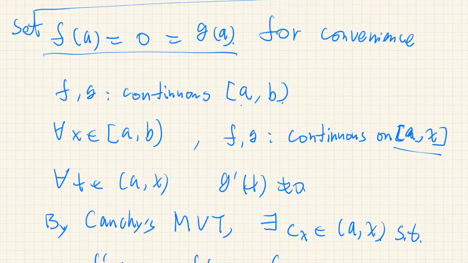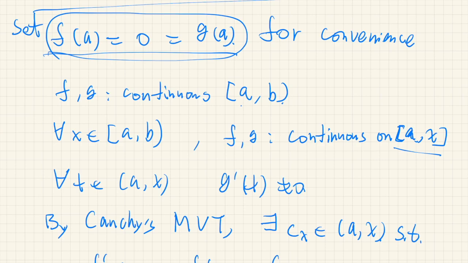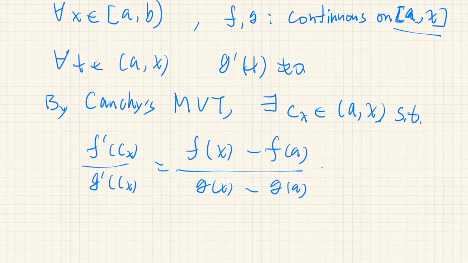But we defined the values at a to be 0, so this is actually equal to f of x over g of x.